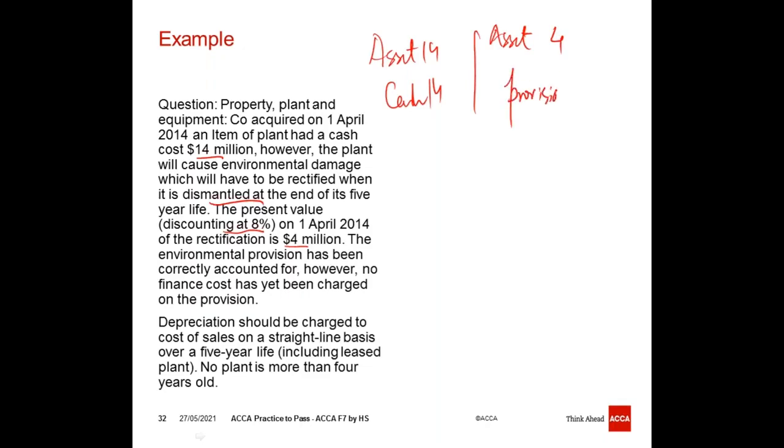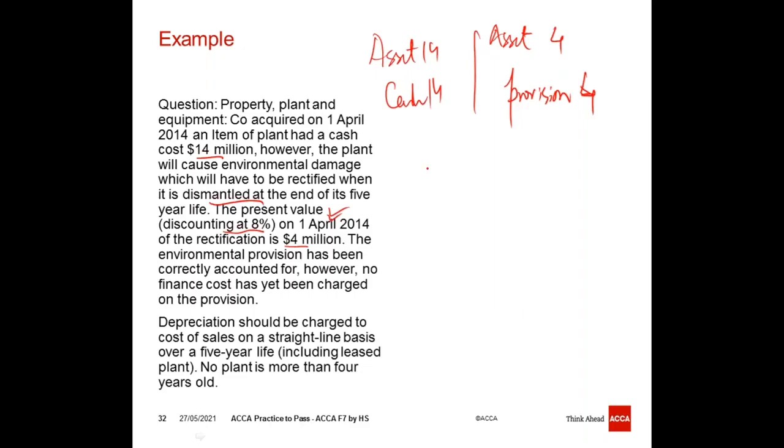Remember this point: we always recognize the dismantling cost at its present value. Here the examiner has already given you the present value. Otherwise, you need to calculate the present value as well.